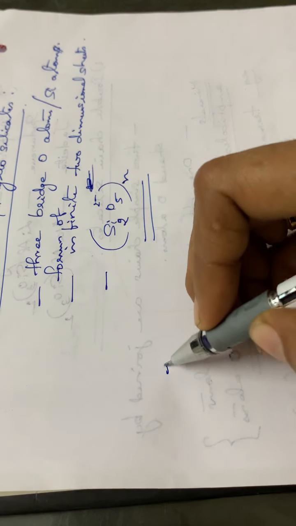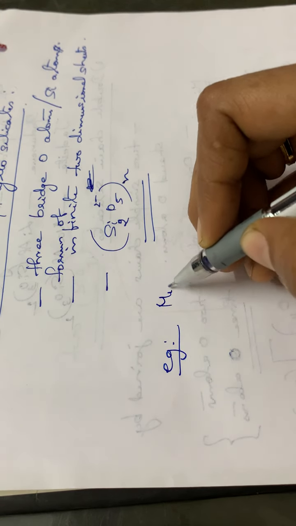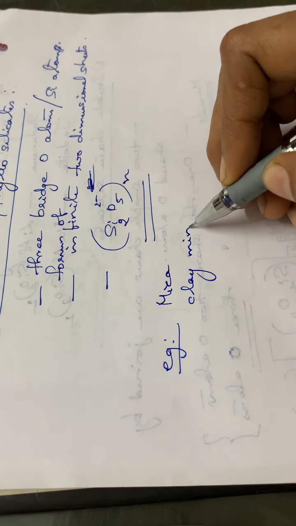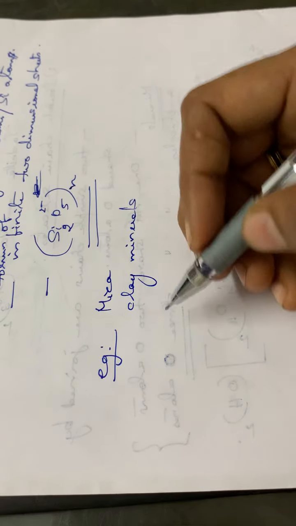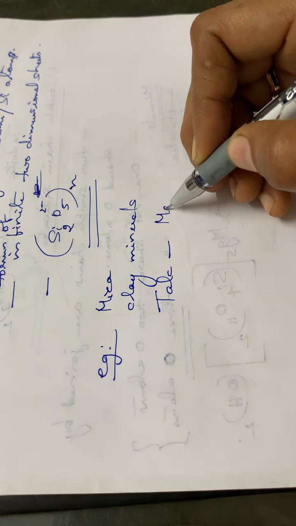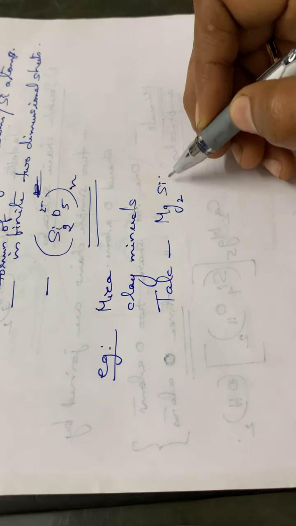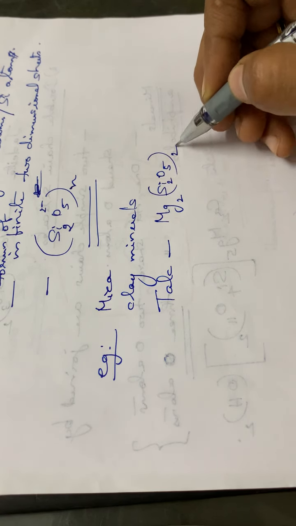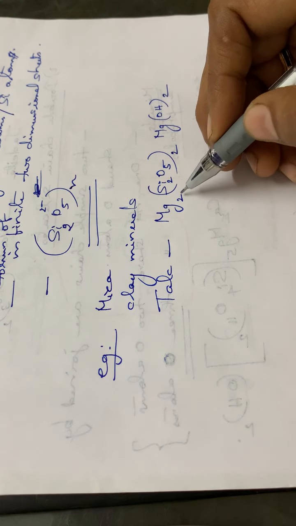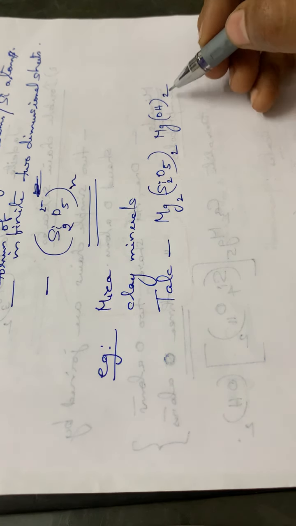Examples for sheet silicates are mica, clay minerals, then talc. Talc is an example for the sheet silicate. The formula for talc is Mg2(Si2O5)2 (MgOH)2.